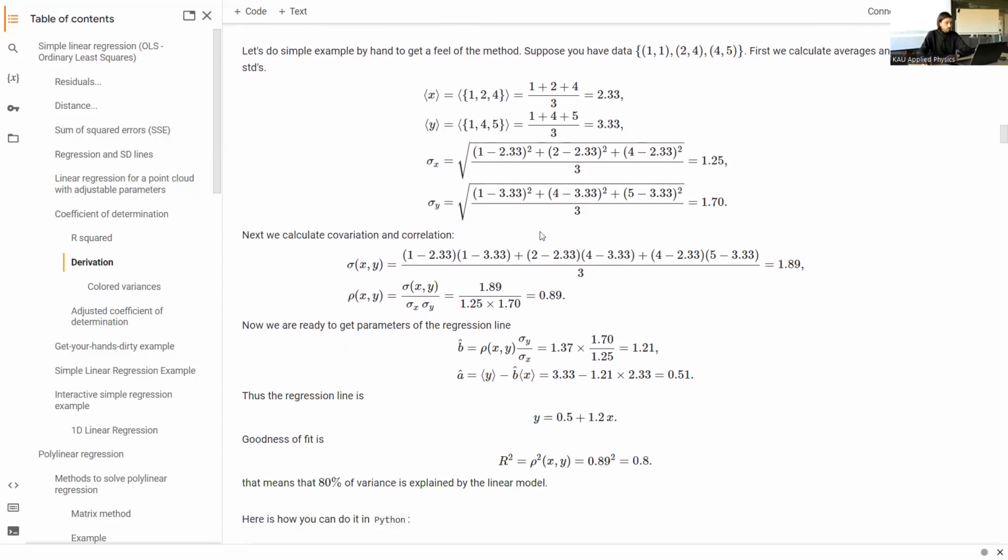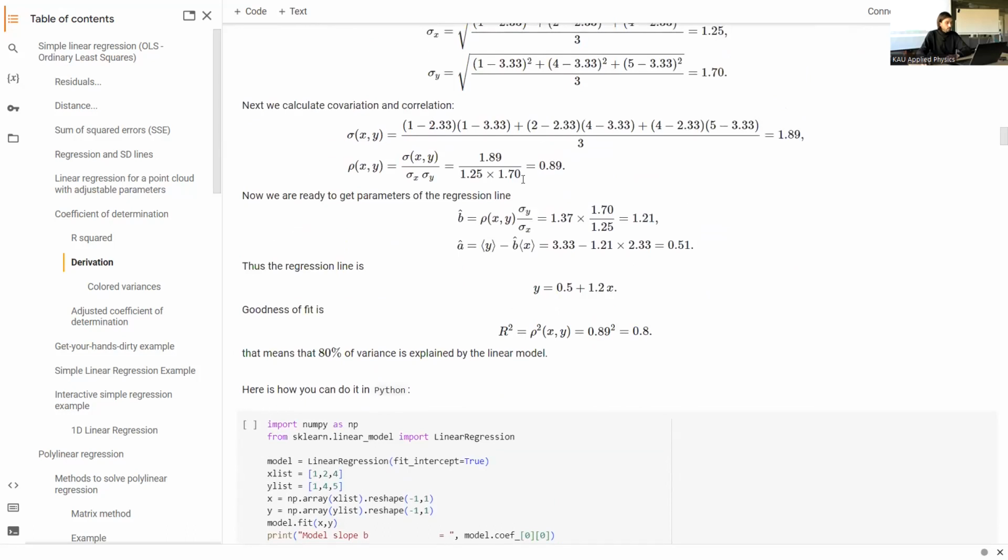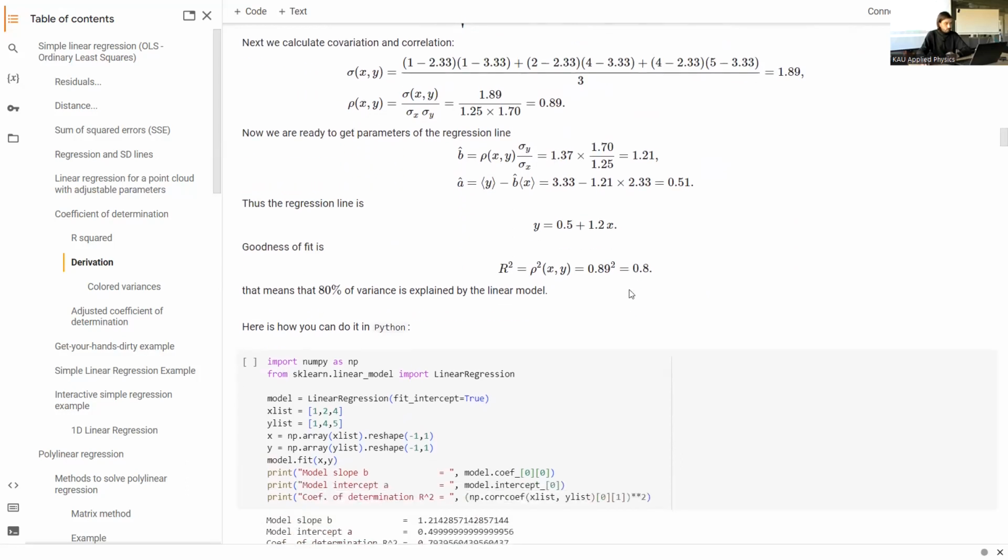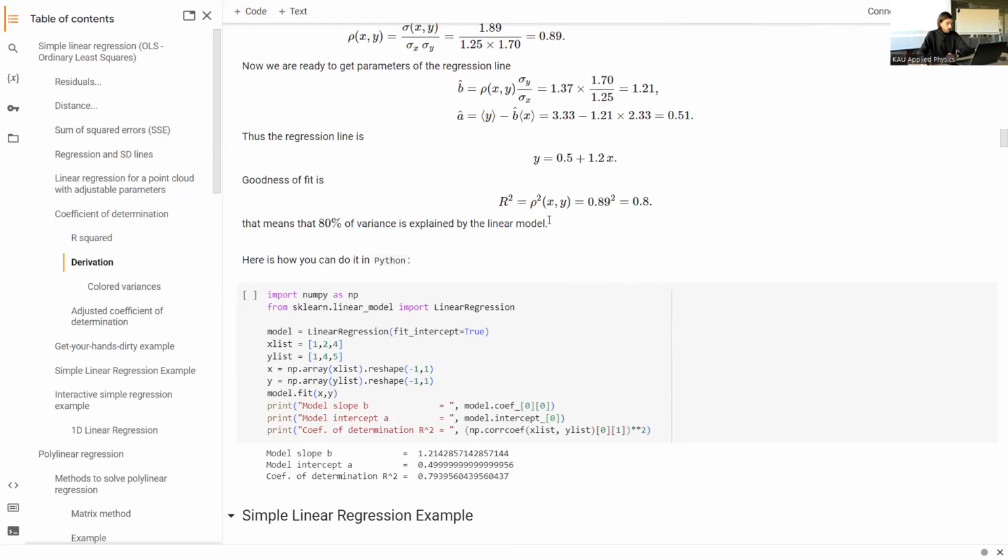You calculate mean values, you calculate sigmas, you calculate rho, put everything into that formula, and you get your expression for the regression line. So nothing complicated here. And you can calculate R squared and get the percent of variance explained. In this case, it's 80%. So your model is, let's say, so-so. It explains the data.